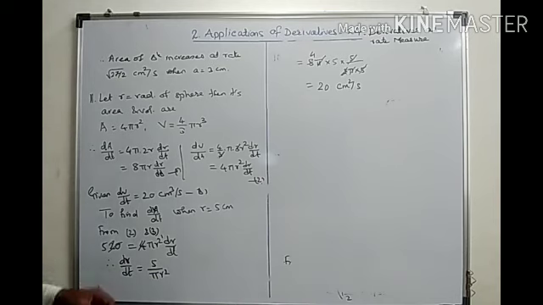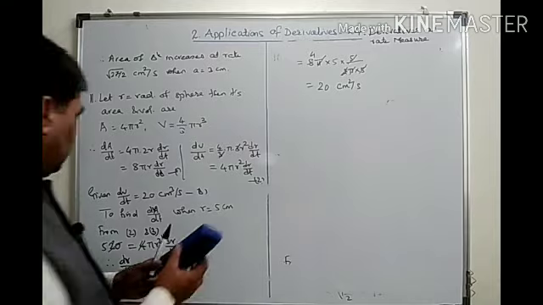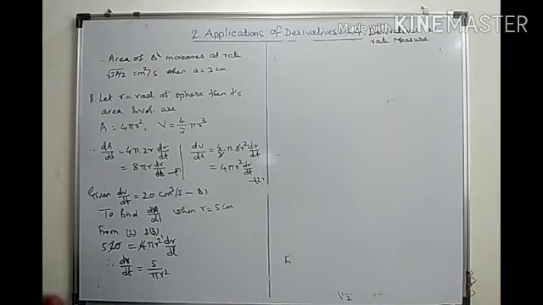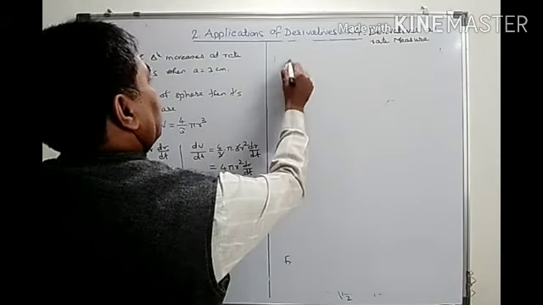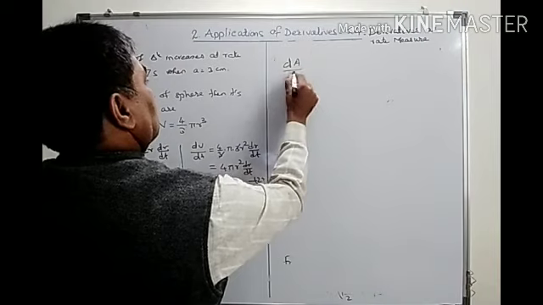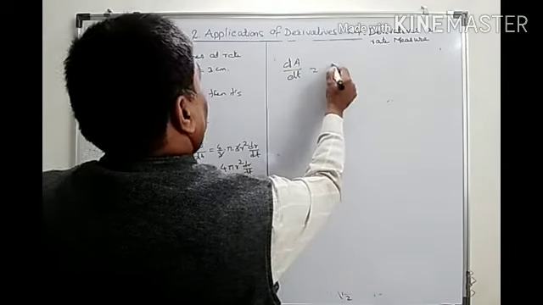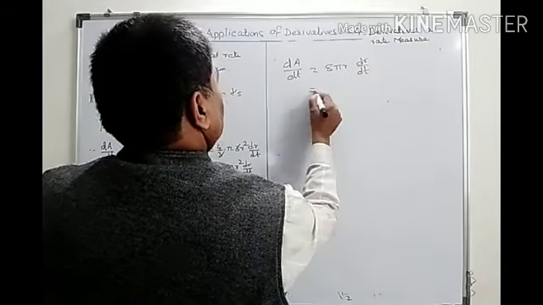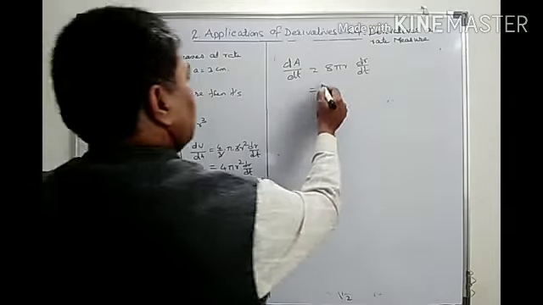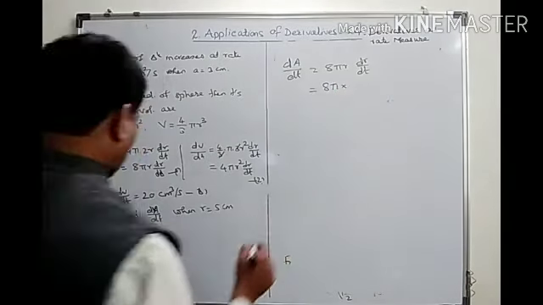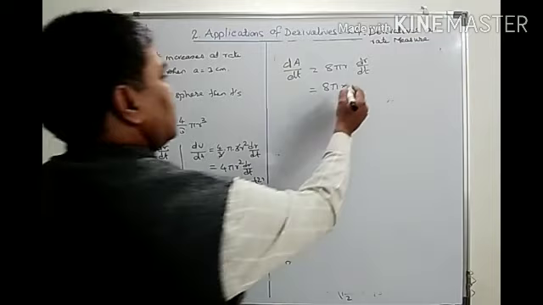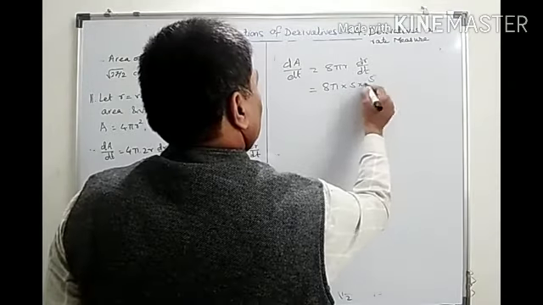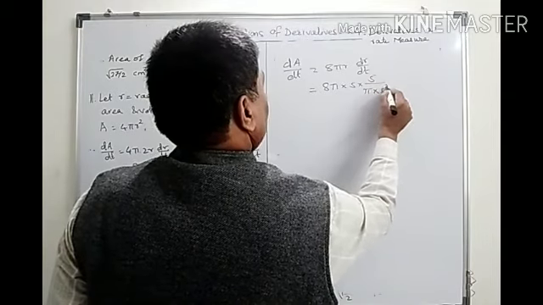Okay, now dA by dt is equal to 8 pi r dr by dt. So this is equal to 8 pi, r is equal to 5, and dr by dt is 5 upon pi r square, meaning 5 square.